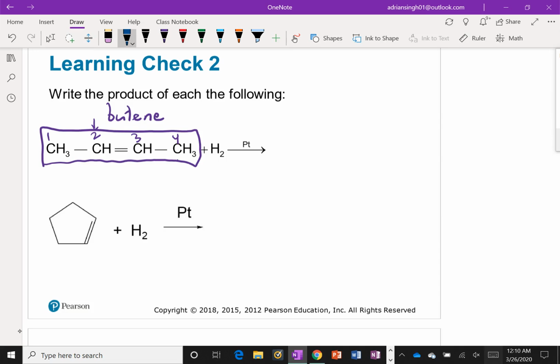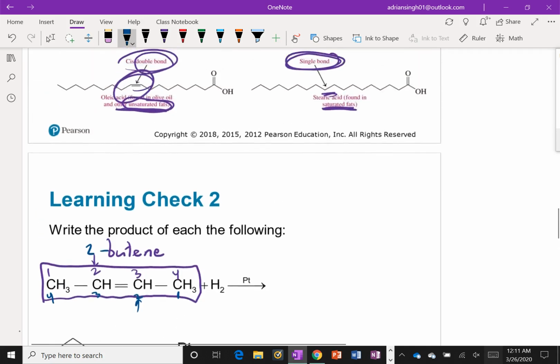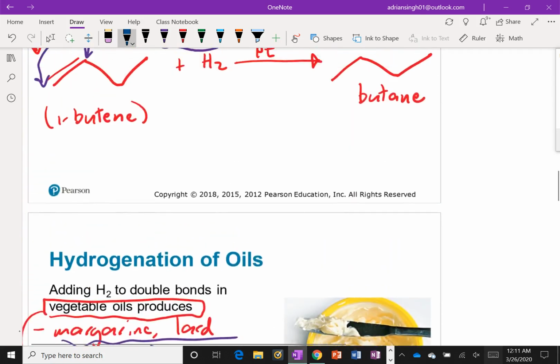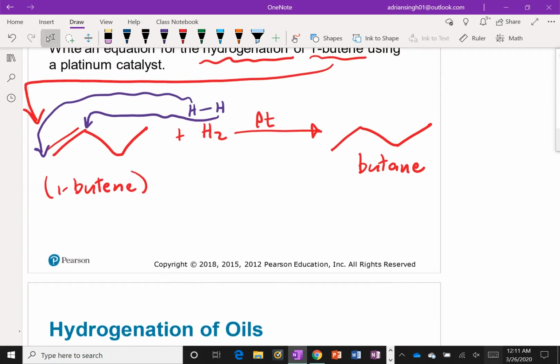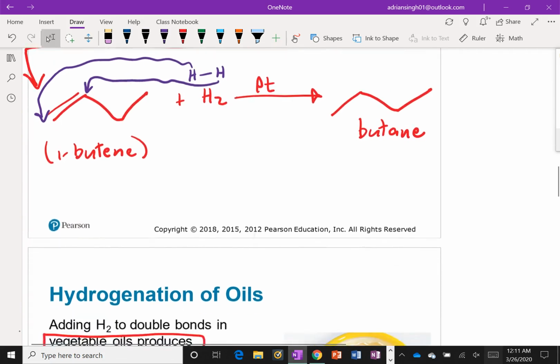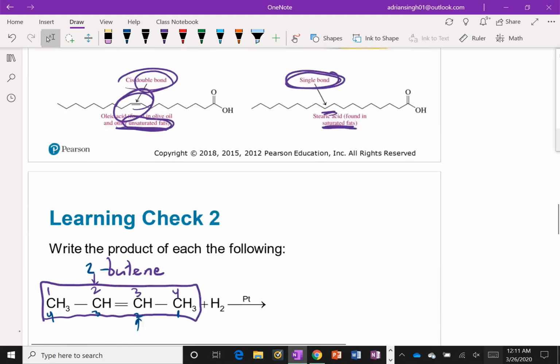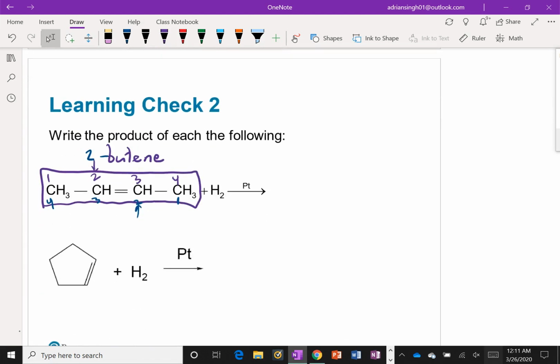If I number from the right side, I get 1, 2, 3, 4, so the double bond starts on 2 either way. So this would be 2-butene, right? And this is in contrast to 1-butene that we drew here at the beginning. So the relationship between 1-butene and 2-butene is that they are isomers of each other, right? They have the same chemical formula, but different structures.